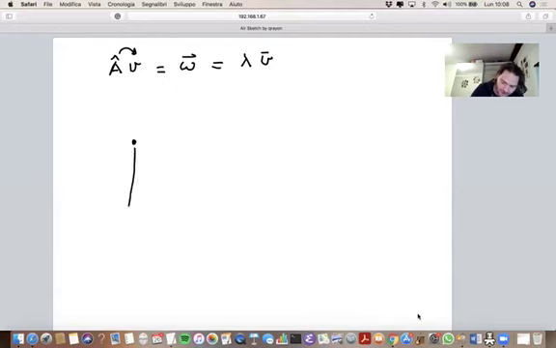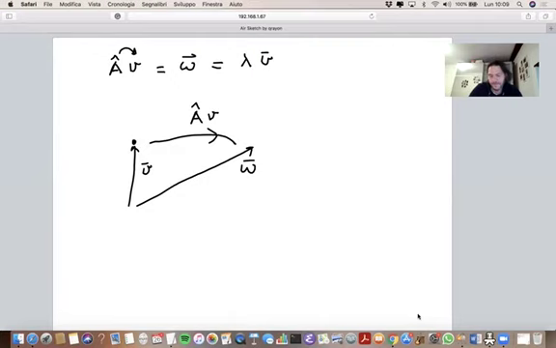Normally, for any v, when I act with A on v, I will get a different vector, w. That's the action of the operator A on v. But there are some specific v's such that when I act with A on those specific v's, all I get is w, which is lambda times v.